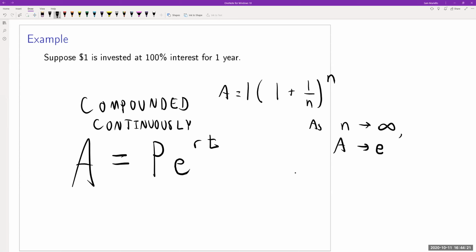This is a graph with an asymptote of e, starting at 2 and ending at e. That is why we care about e.